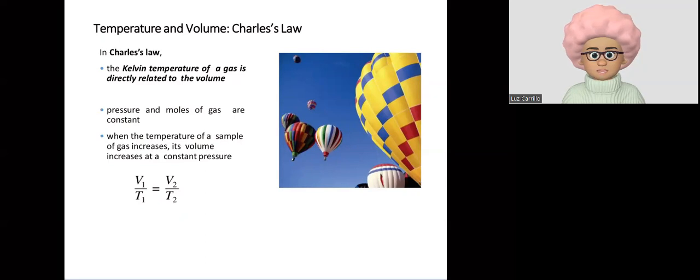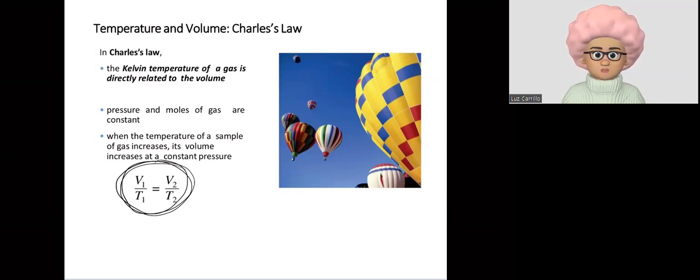doing these equations. Since in Charles' law, we're looking at the relationship between temperature and volume, that means that the number of moles for a gas is held constant along with the pressure. For Charles' law, this is our equation. Initial volume divided by initial temperature equals final volume divided by final temperature.